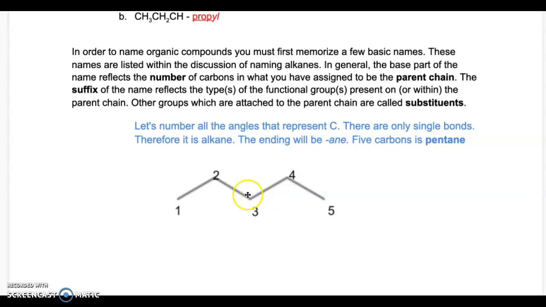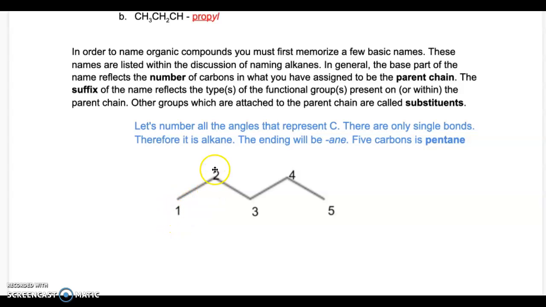This carbon is bonded to 2 other carbons, so it will have only 2 hydrogens. Same for this carbon. And this carbon, carbon number 1, will be like carbon number 5. It is bonded already to 1 carbon, but it needs 3 more bonds, and therefore they will be filled with hydrogens. So how do we name this structure?